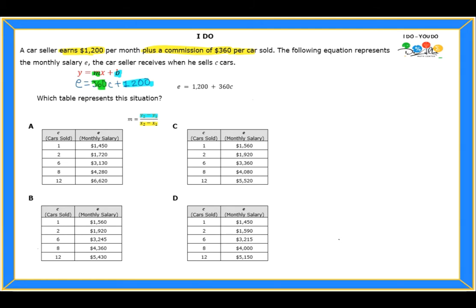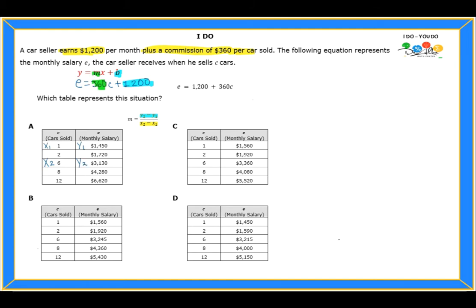So for letter A, I'm going to choose the first one, x of 1 and y of 1. But then I'm going to choose the 6, just so that you can see that it won't matter what points I choose. So that's going to be x of 2, and 3,130 is going to be my y of 2.